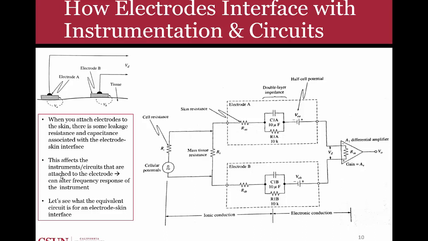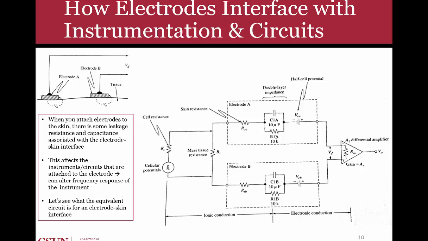So here's what it looks like. So if you take one like electrode A and you attach it to skin, it's gonna look like this, where essentially you have a voltage which is from the half cell potential from that specific electrode, and then you're gonna have some associated capacitance and resistance which is associated with that double layer.